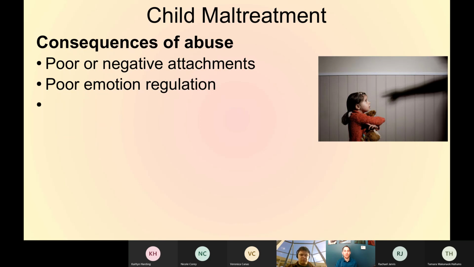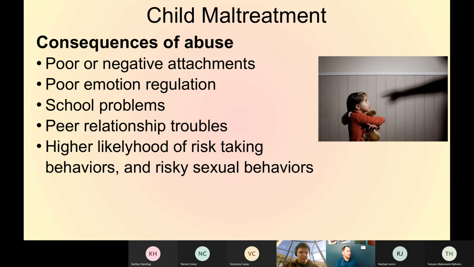So if you have a parent who is not modeling good emotion regulation and also abusive, it gives them not as many opportunities to see good emotion regulation, not as many opportunities to practice emotion regulation with a parent who is abusive. School problems are more common, as well as a higher likelihood of risk-taking behaviors, and then into adolescence, a higher probability of risky sexual behaviors as well.